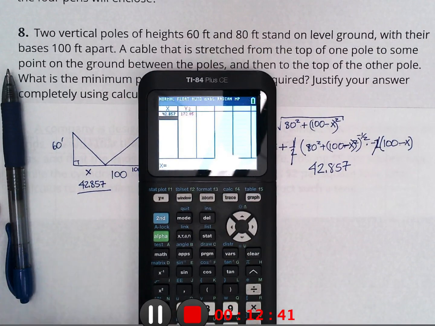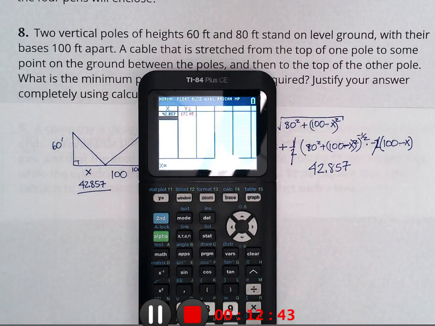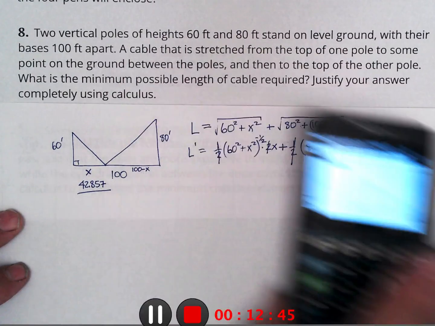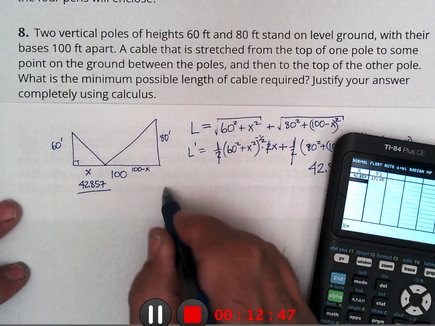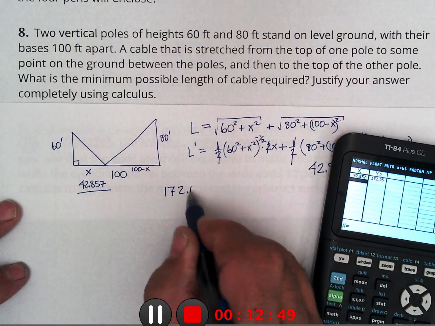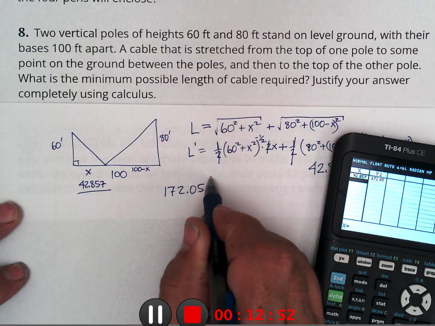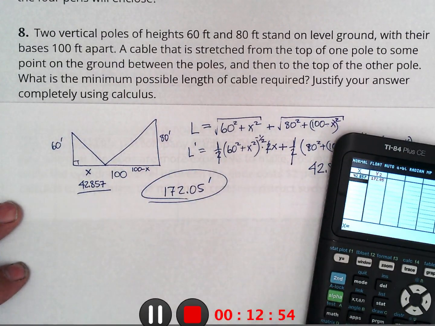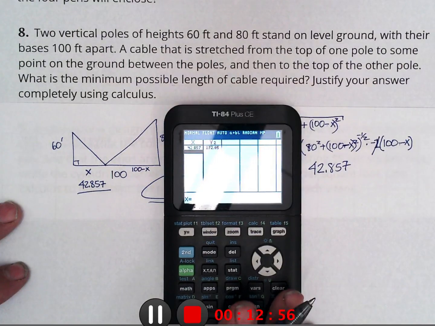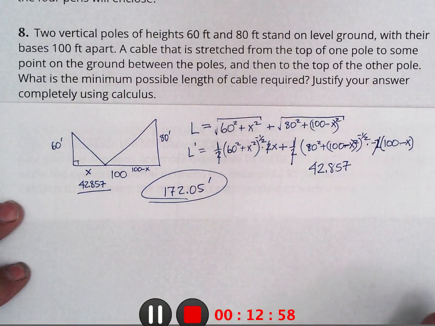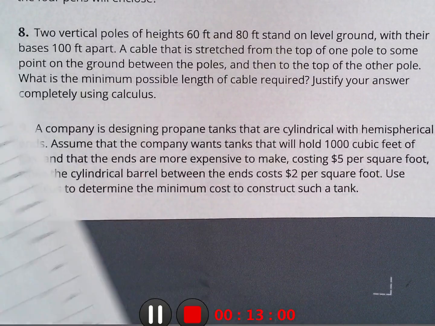And it says it's 172.05. Okay? So we relied on the calculator quite a bit on that one.